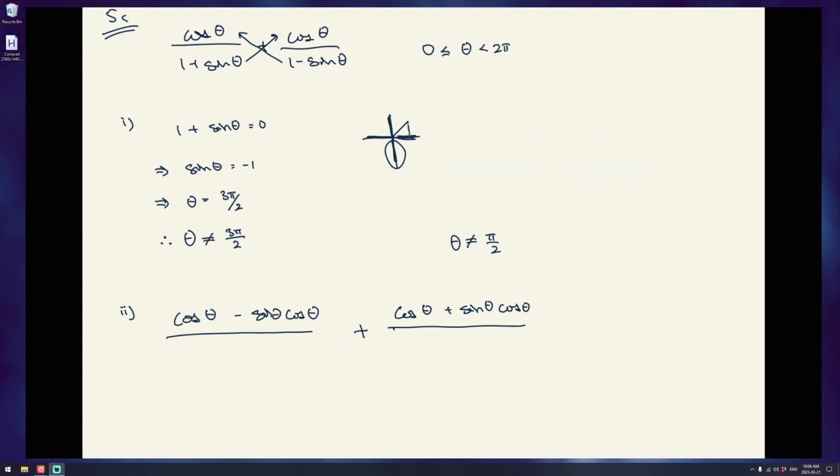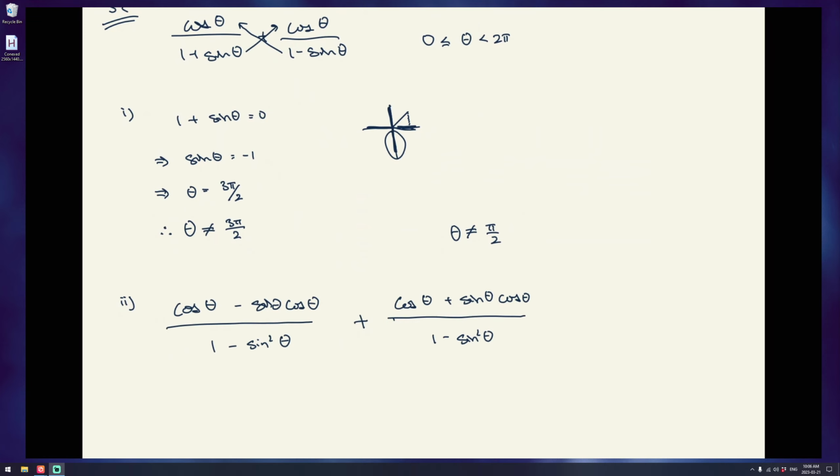I'll leave it as an exercise for you to multiply those two things, but you get 1 minus sine squared theta. Okay, and here you can notice that the denominator has, how you say, you can use an identity. You can use a Pythagorean identity, right?